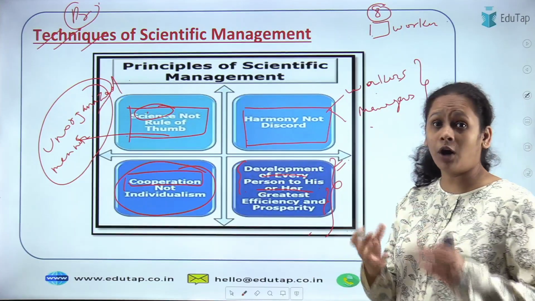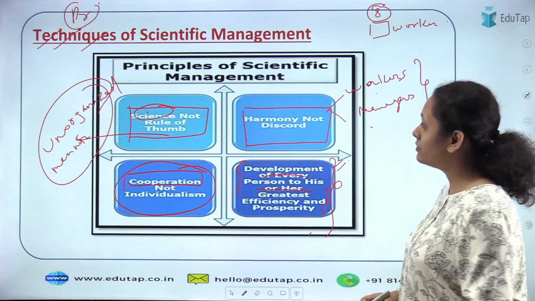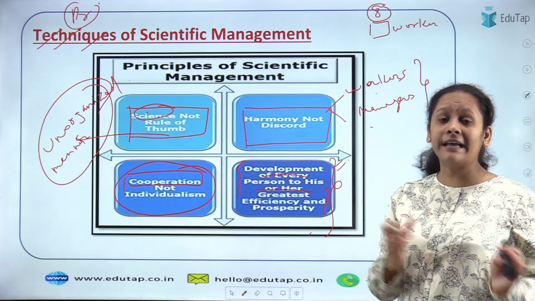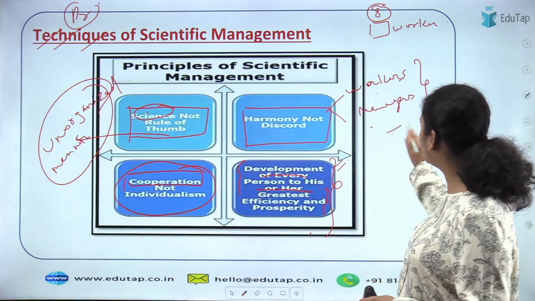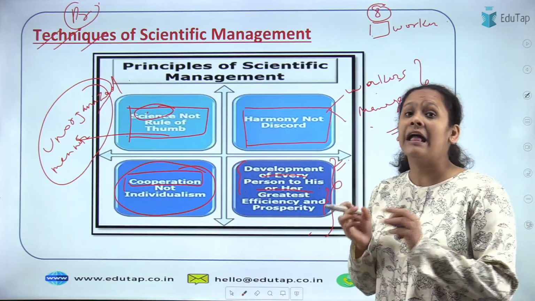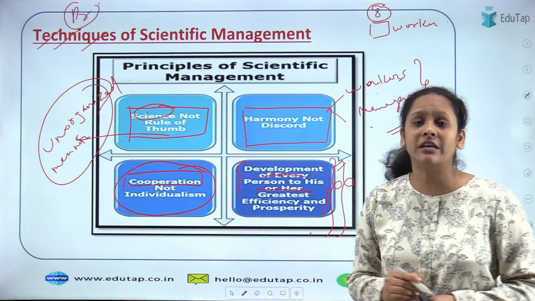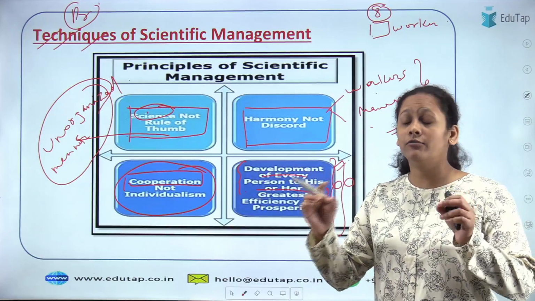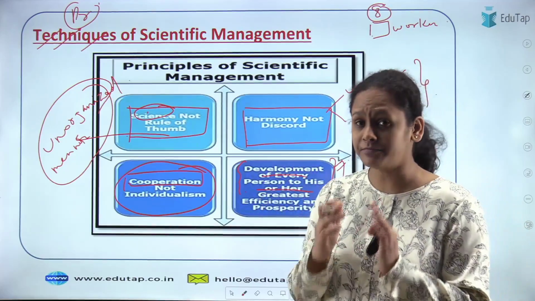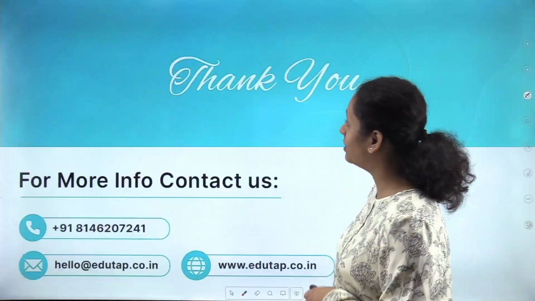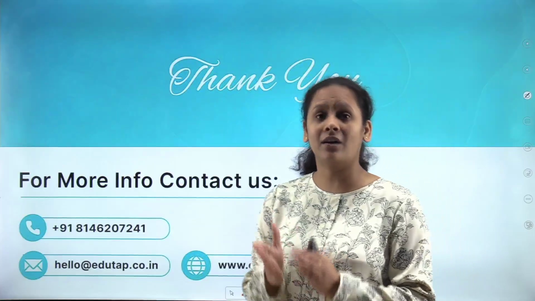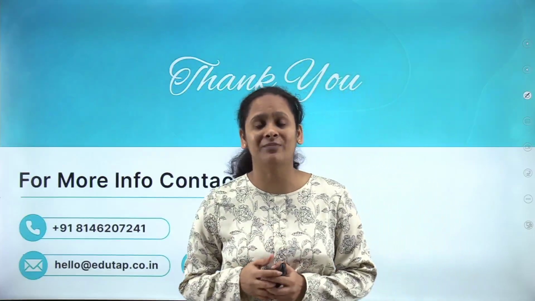Okay, this is what Taylor said. But there has to be a high amount of supervision whenever a person does certain tasks, and also there should be overall development so that each and every individual works up to his or her maximum potential. So this is what the basic of scientific theory of management is.